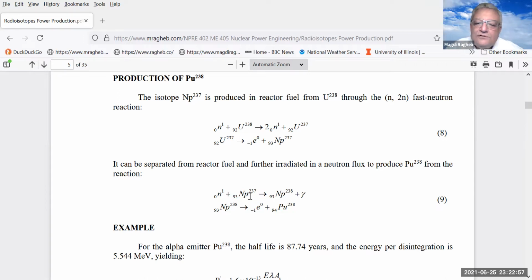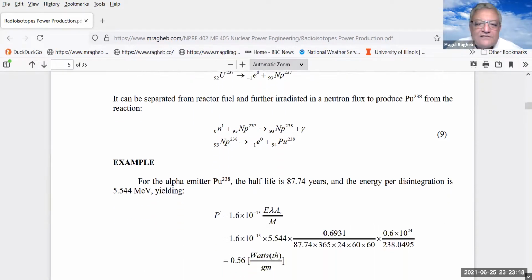When it absorbs a neutron, it turns into neptunium-238, emits a gamma photon, and then the neptunium-238 emits a negative electron and turns into plutonium-238.